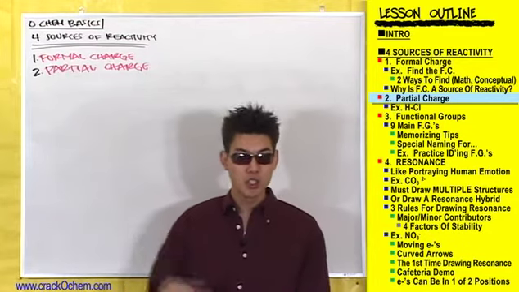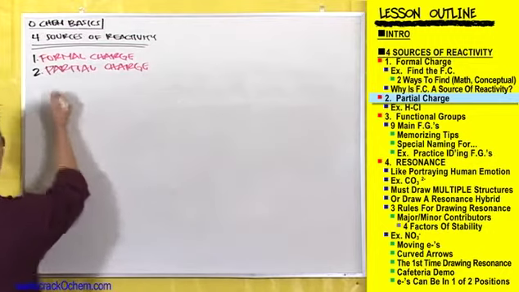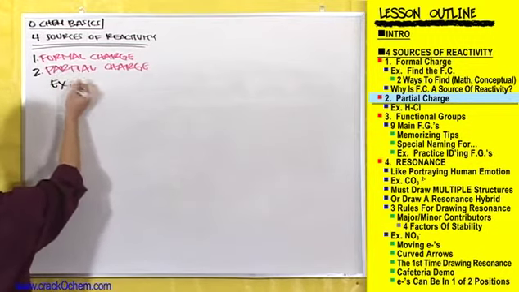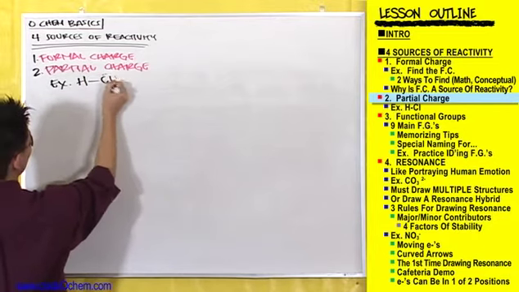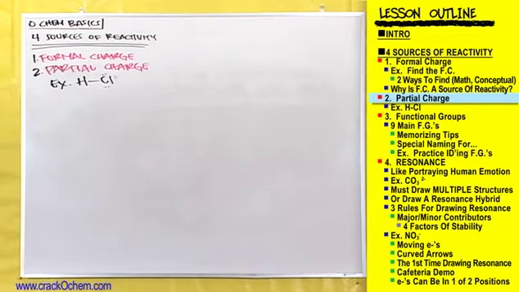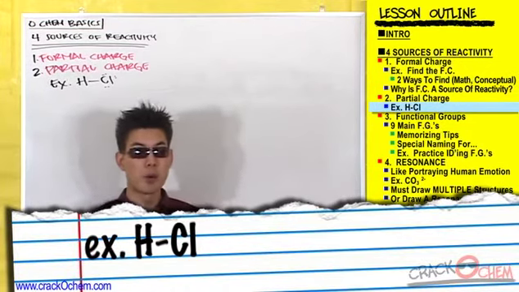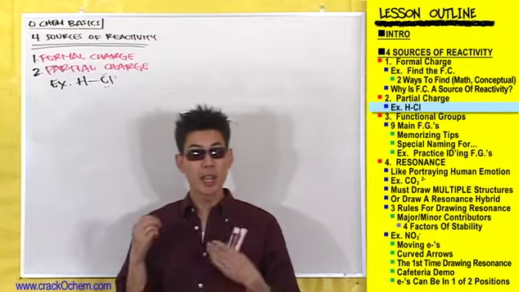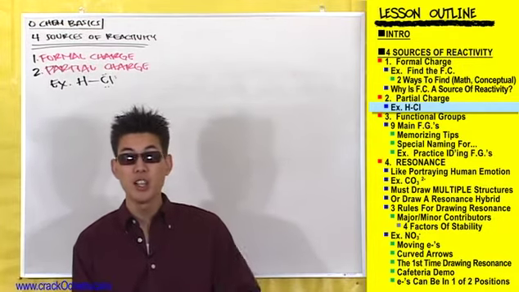So, hey, here's just a quick example of how to look for partial charges. Let's take, for example, HCl. Okay, so whenever you're looking for a partial charge in a compound, what you're actually looking for is whether one atom is more electronegative than another atom.